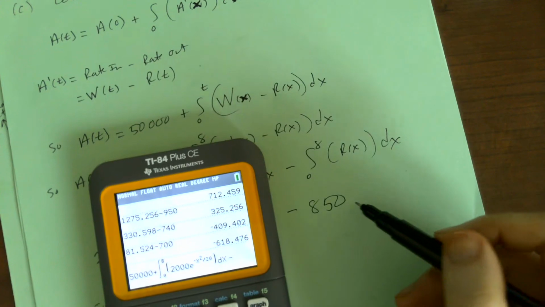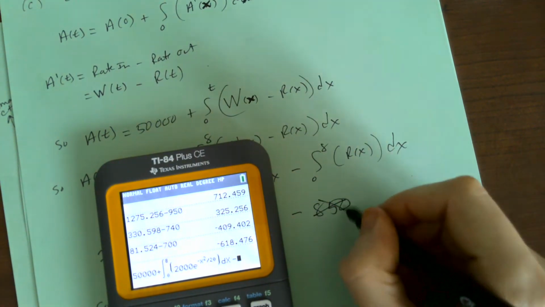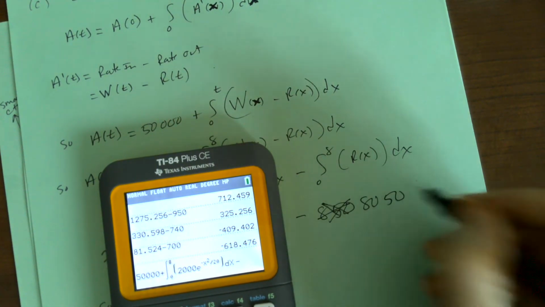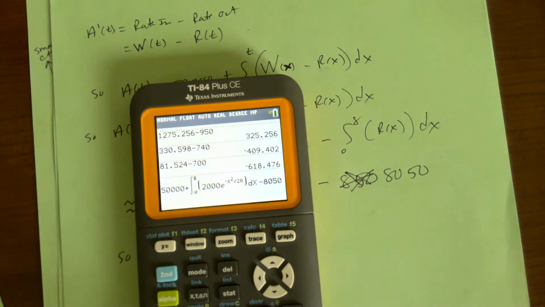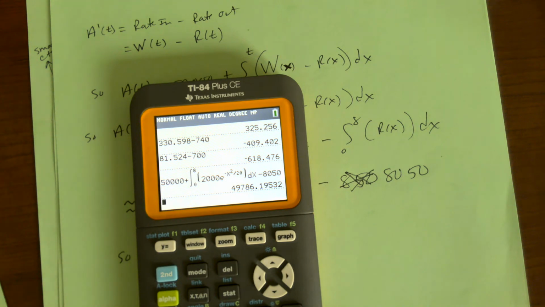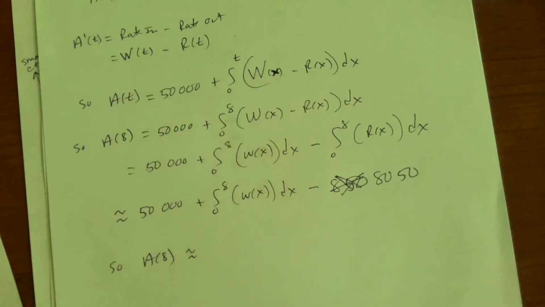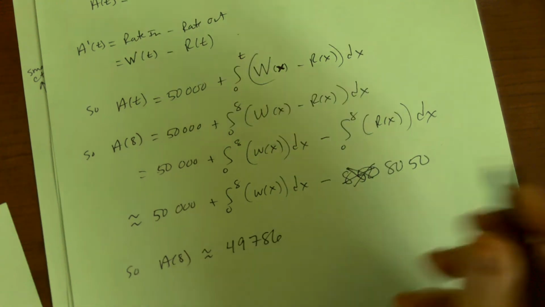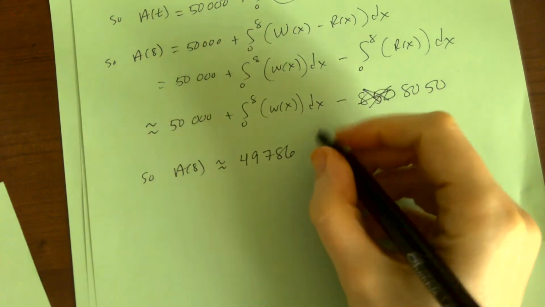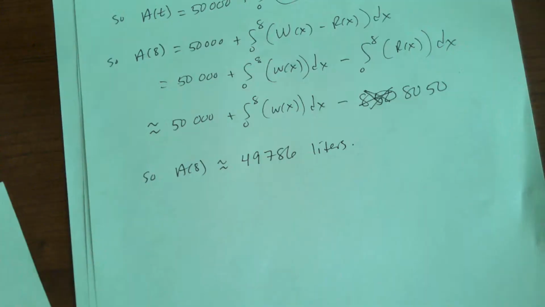Oh wait, whoopsie, I messed this up. 8,050. Minus that. Okay, now how do they want me to round? To the nearest liter. So that's 49,786 liters.